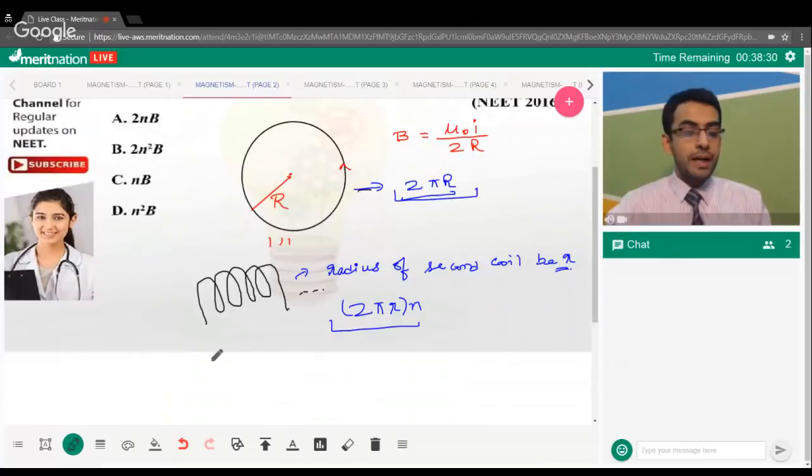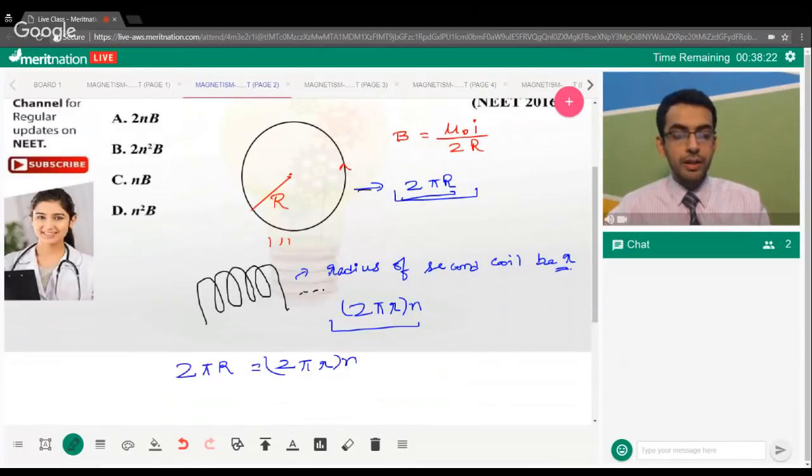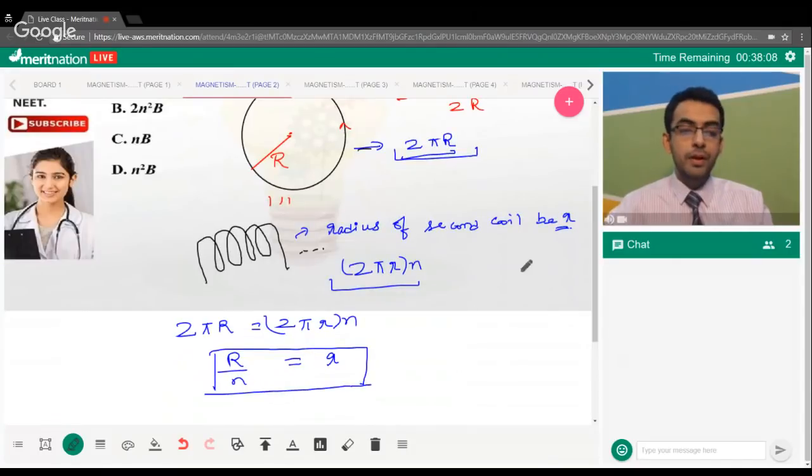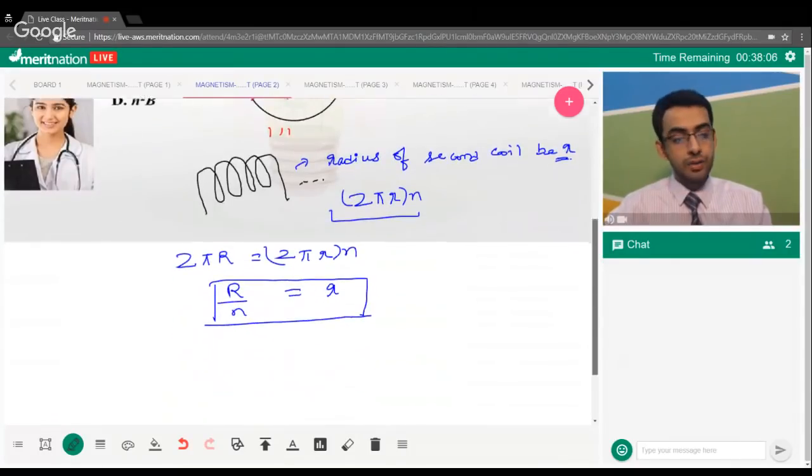When you equate them, you get 2 pi R is equal to 2 pi into small r into small n. So from here, we get small r equal to capital R over small n. This is the value of the radius of the coil having n number of turns.